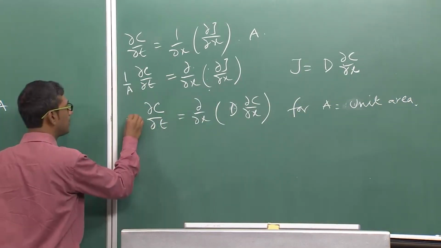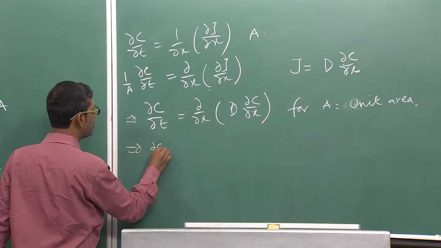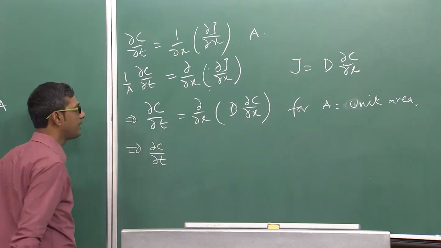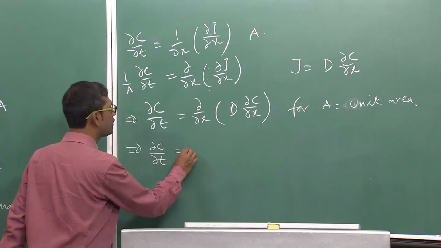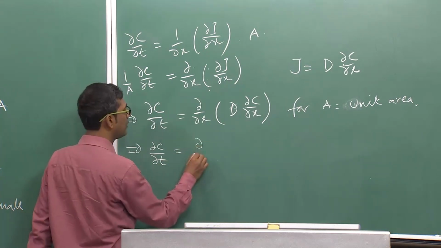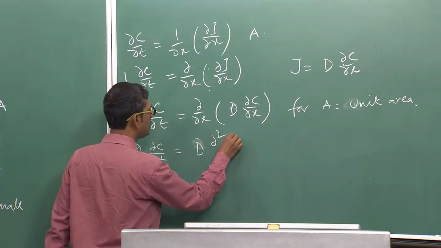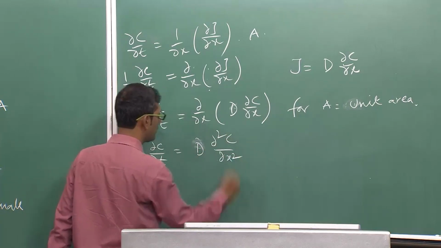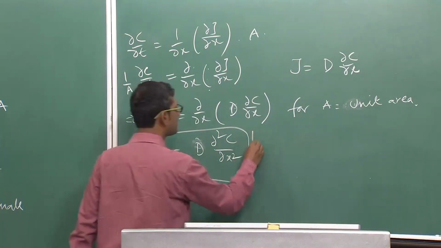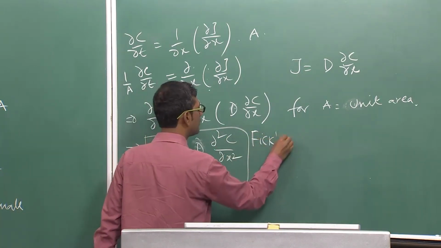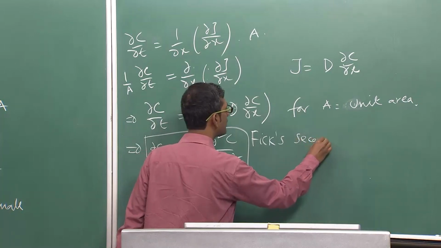Therefore, if we assume D is an independent quantity, it does not depend on space and time, as we always do, we can say that del C by del T is equal to D del 2 C by del x square. That is what we always term as Fick's second law, but this is not a second law.